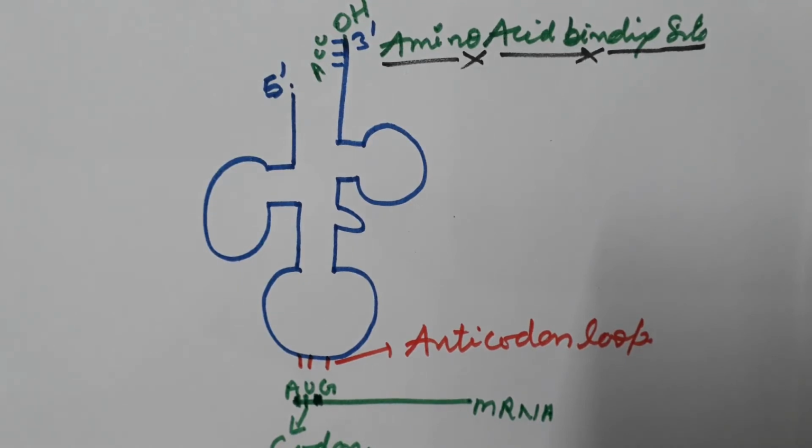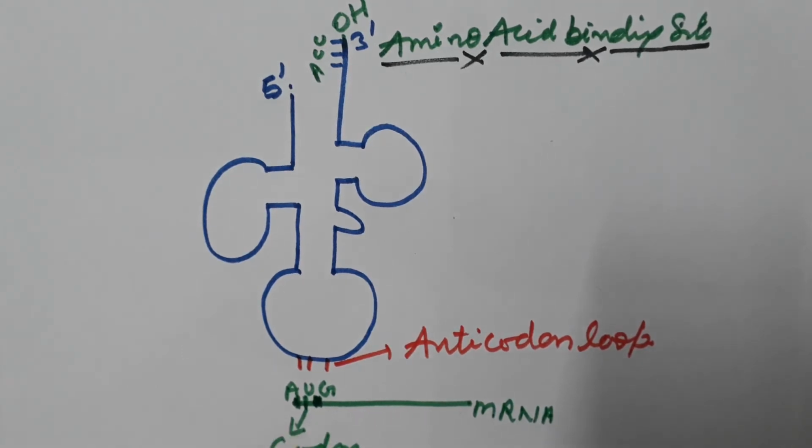So what does transfer RNA do here? Transfer RNA has to read this code and attach the corresponding amino acid and bring it to the messenger RNA. And how is this transfer RNA going to read this? It should have an anticode. What should be the anticode against codon AUG?